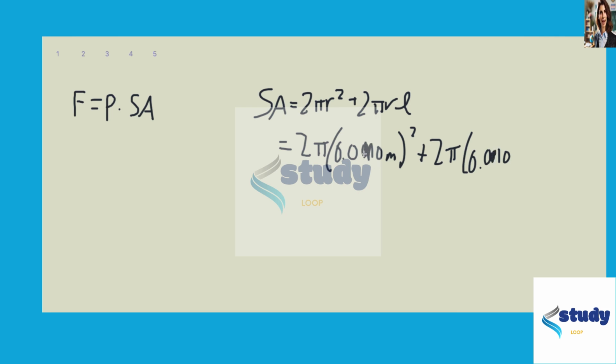We have centimeters, not millimeters. And then our length, 0.020 meters. And this gives us a surface area of 0.188496 meters squared.